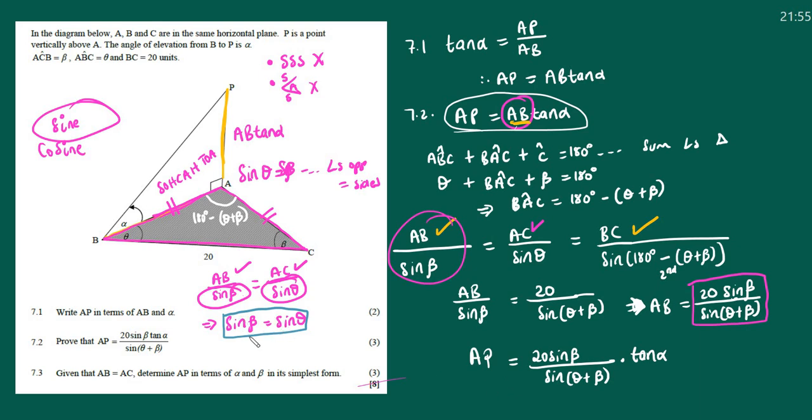Because of this, this can actually open many doors for us. We can now simplify this part, sine of theta plus beta. Now we know that sine beta and sine theta are equal, right? Let's see.